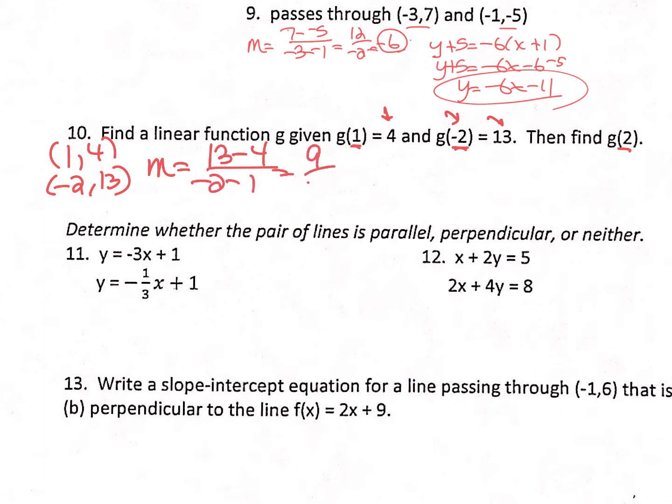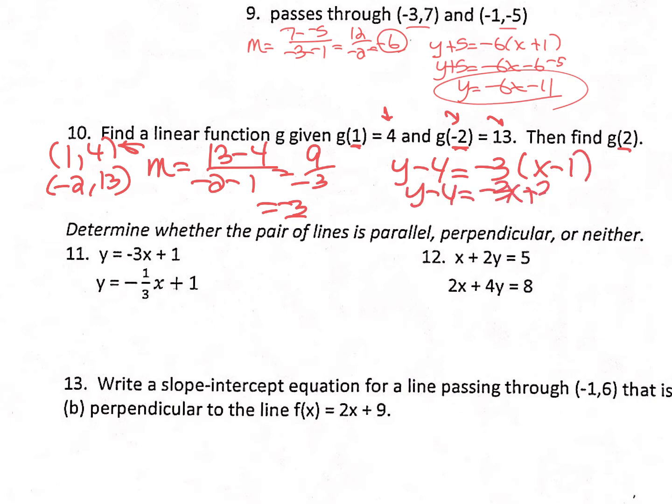You get 9 over -3, which is -3, by the way, so our slope is -3. You can pick whichever point you want. I'm going 1 and 4 just because they're smaller. So I'm going y minus 4 is slope times x minus 1. So I get y minus 4 is -3x plus 3. Move that 4 over. You get -3x plus 7.